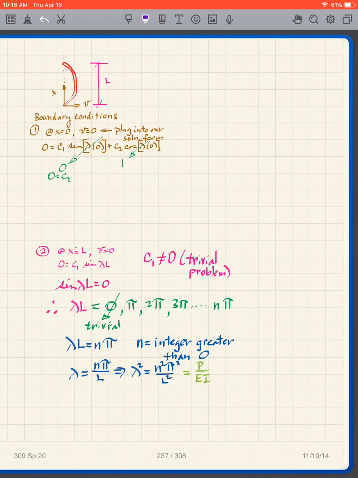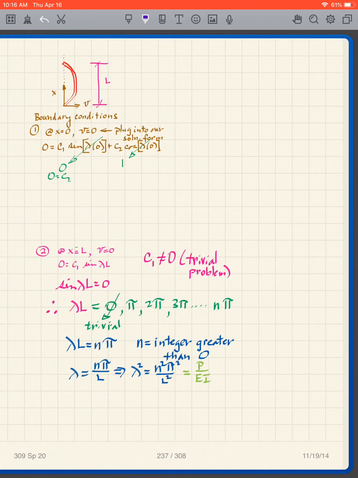So then we put in the other boundary condition, which is up in here, which is that when x equals L, v is 0. I plug that in. Well, I know C2 is 0, so I eliminate the second half of my equation. And so I end up with 0 is equal to C1 times sine lambda L. And C1 can't be 0 because that would be the trivial problem. So I get that the sine of lambda L equals 0.